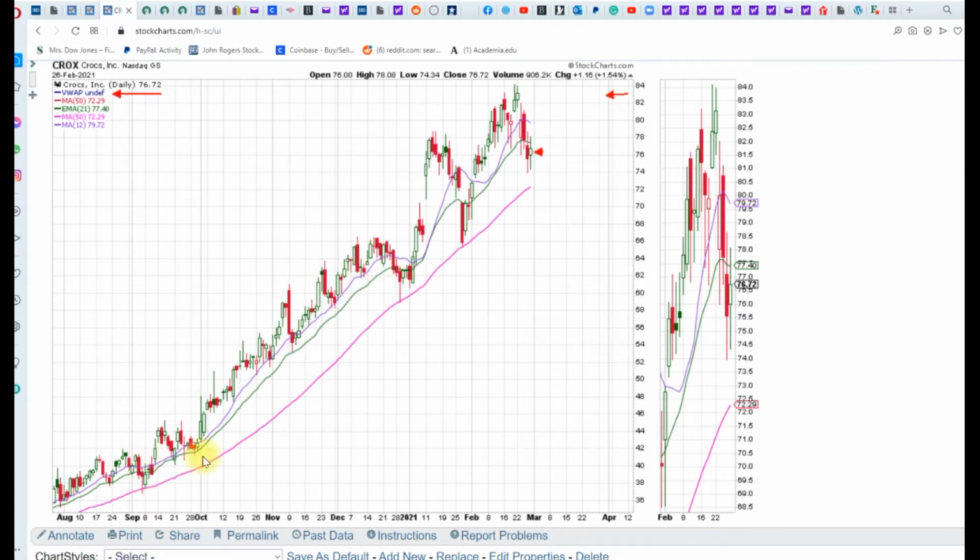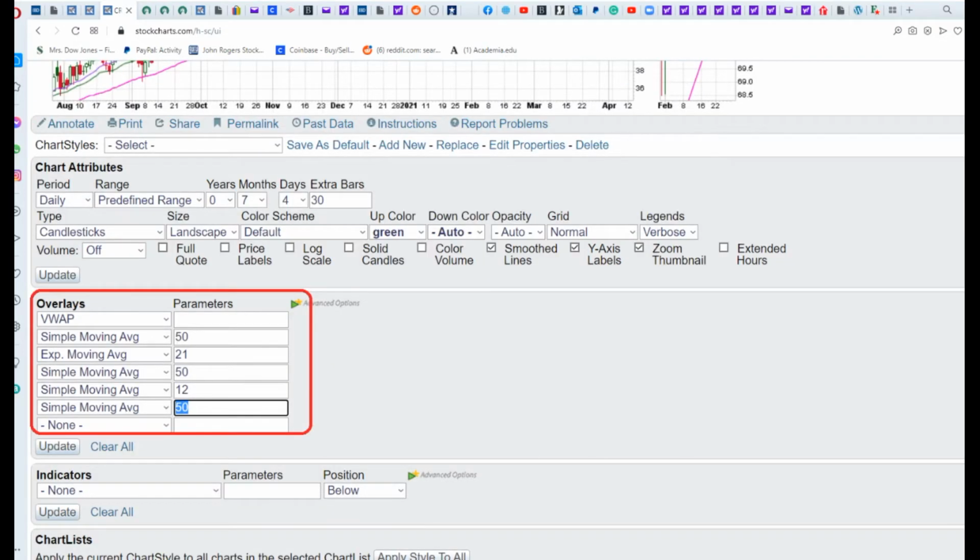A long-term investor is not interested in that, so he doesn't worry about it. He probably uses just the 50 days. Over here we now have the 50-day moving average. It was selected, which was down here, and we already have it set in there. So this is how the overlay will look with all those in there.